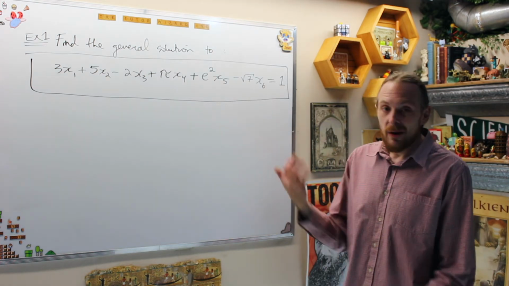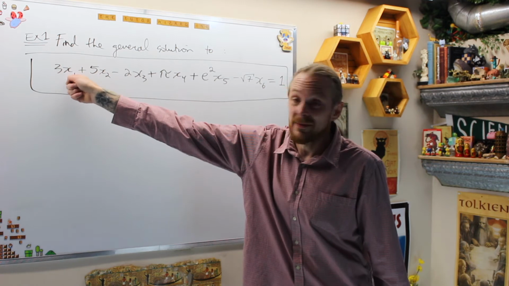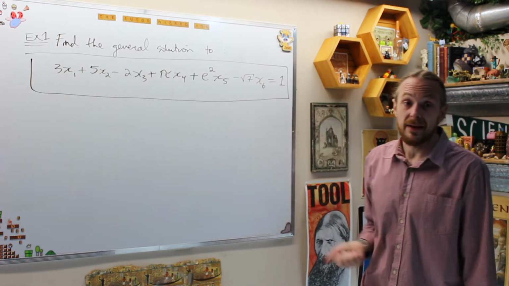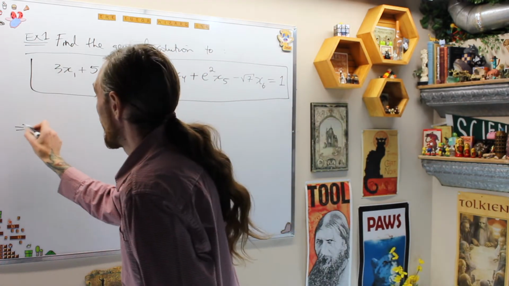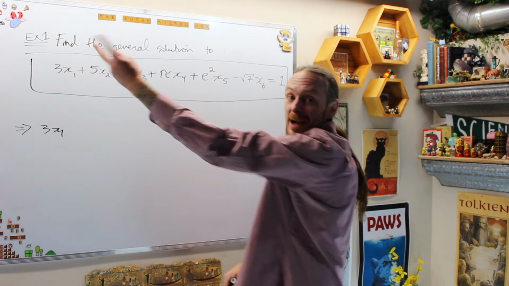Now what we're going to do is solve this equation, one equation in 6 unknowns. How do I do that? We focus on the first variable, x1, and we move all of the other ones to the other side of the equation. That immediately gives me 3x1. Now you can see all the a11, a12, they're numbers now. Yay.